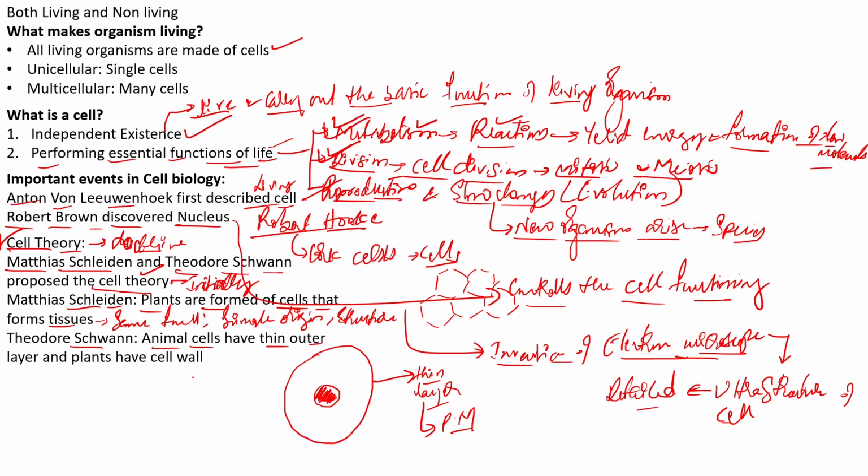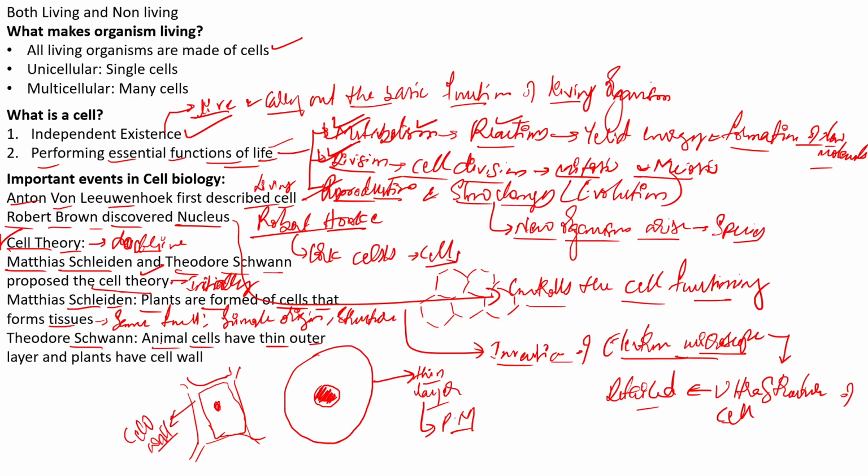He interestingly found that even plant cells have an extra structure which is more rigid, and this rigidity is involved in conferring shape and structure to the plant cells. This rigid structure is called the cell wall.